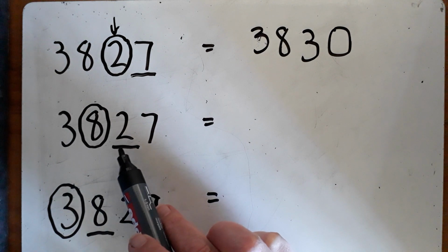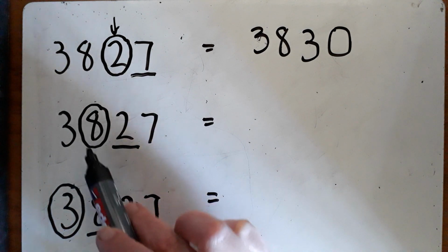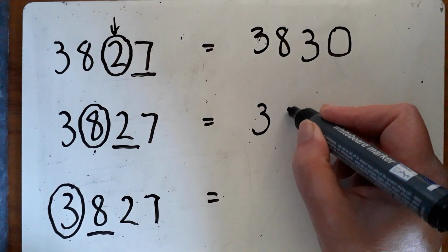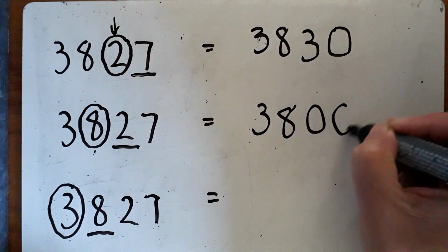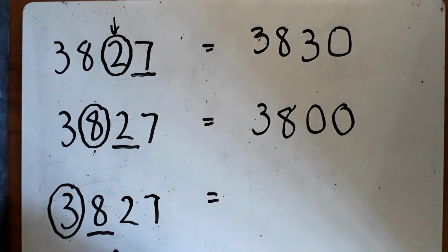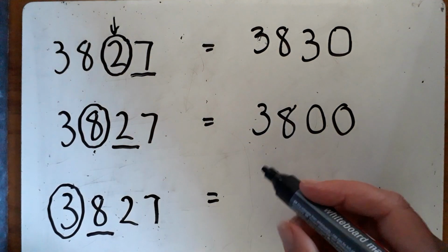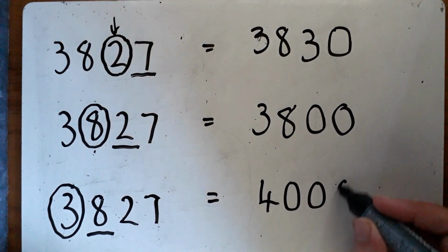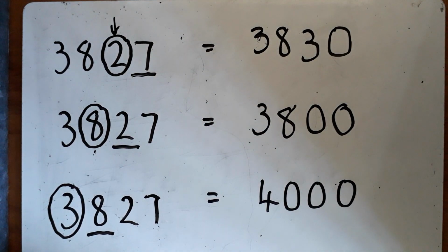It's a 2, so it's going to round down, so the digit stays the same: 3,800. And finally, when we're rounding to the nearest 1,000, we look in the hundreds, and there is an 8, so it's going to round up, which means our digit increases by 1, so we have 4,000.